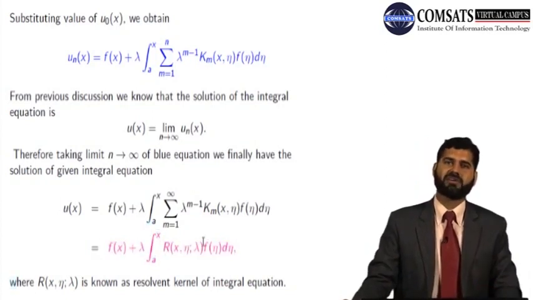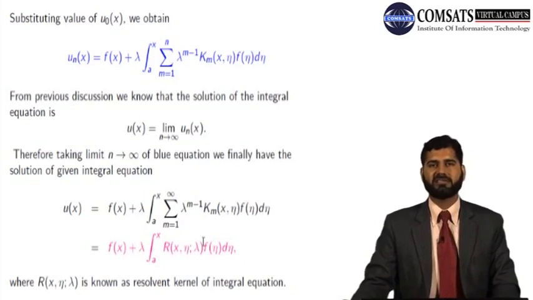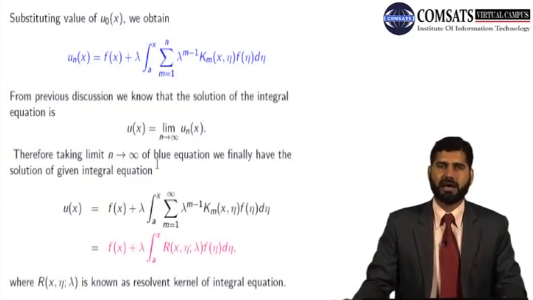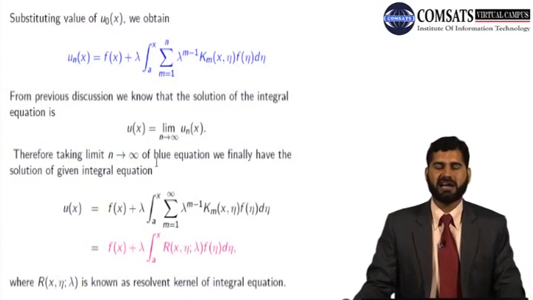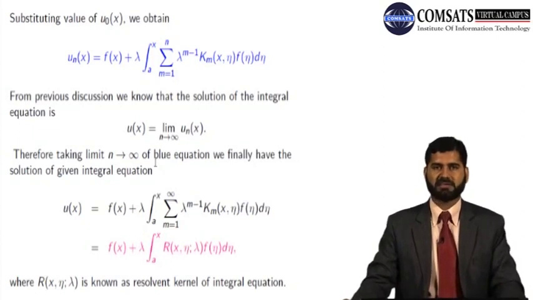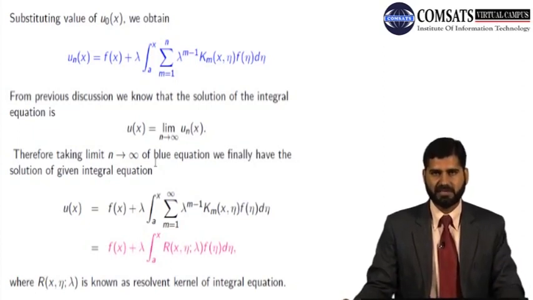And now you have the background, the motivation, for how you got this resolvent kernel. The background idea is the method of successive approximations. So if you implement the method of successive approximations, you will get the resolvent kernel.